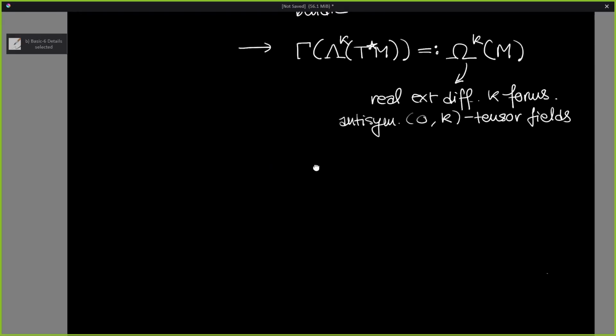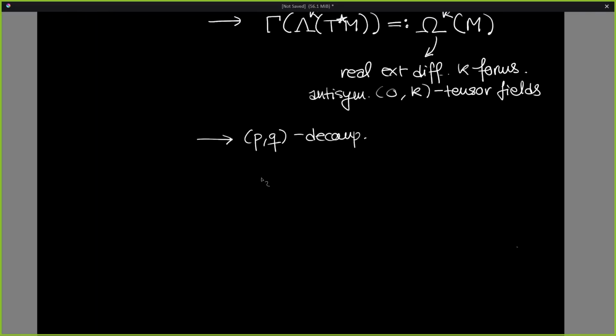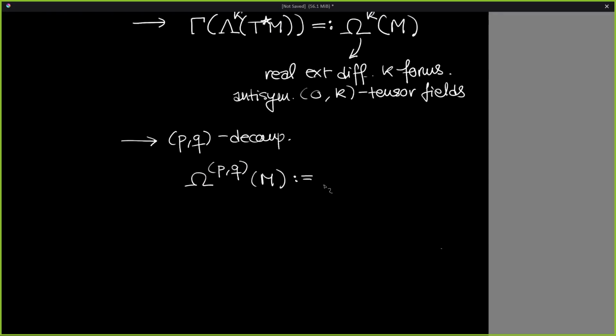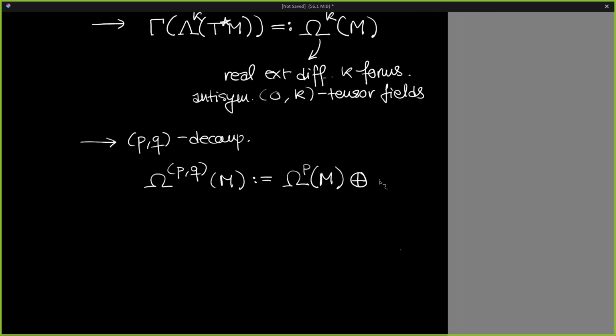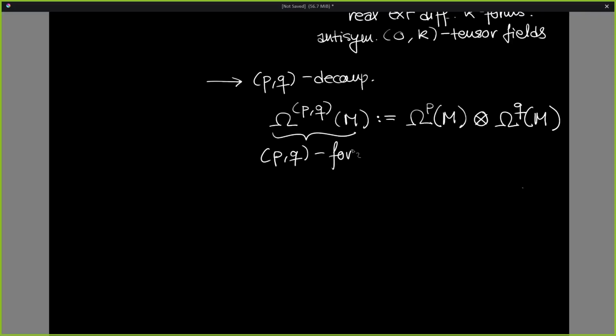And once we have this, we can break these down into what we call PQ decomposition. And so we can define this space omega PQ on M, which is by definition equal to omega P on M times omega Q on M forms.